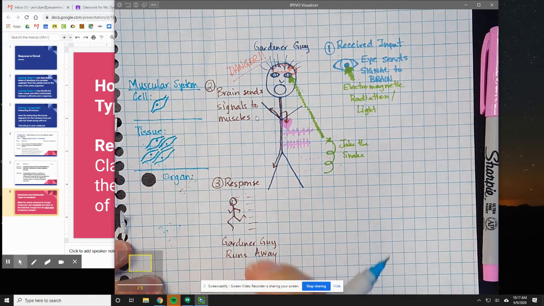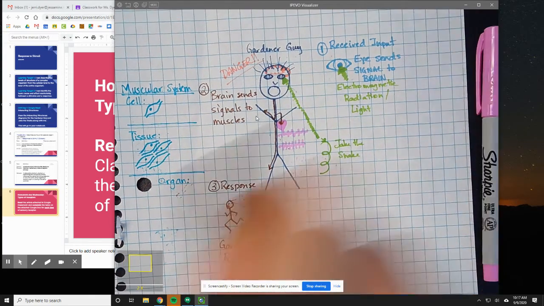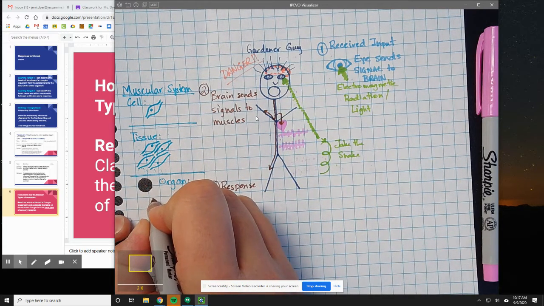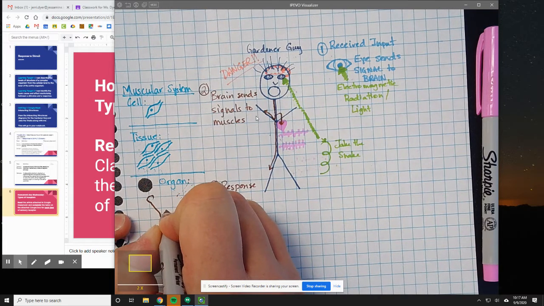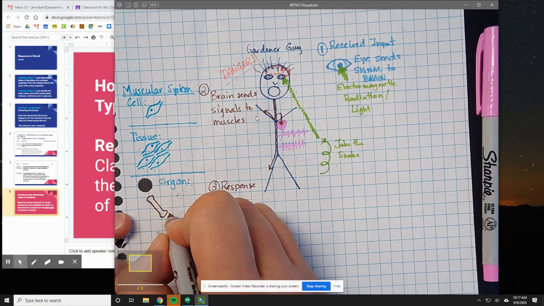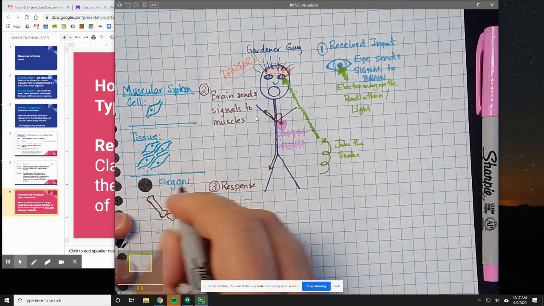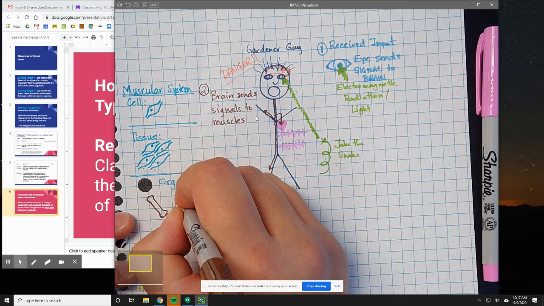And so in this case, I'm going to draw a couple of bones. So I'm going to draw a humerus. Here's the humerus. And I'll just call this the radius. The radius or the ulna, one or the other of them. Let's call it the radius. And then out here you would have your wrist bones.